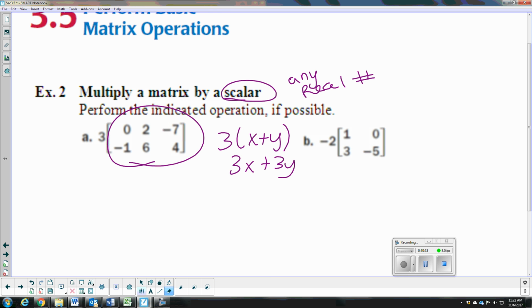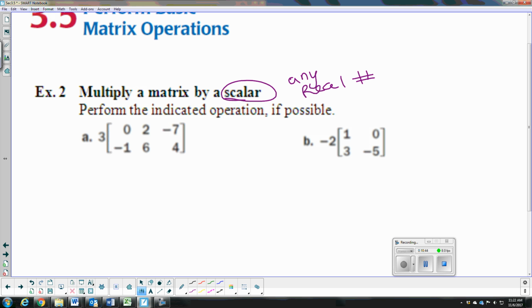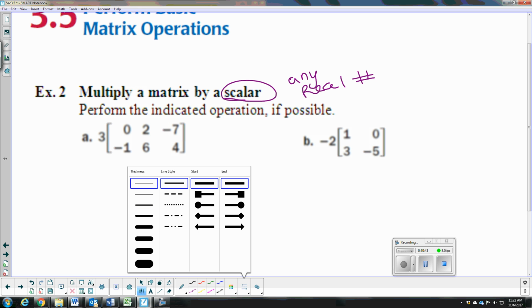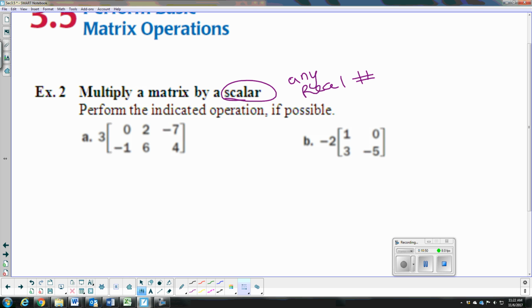If you're multiplying a matrix by a scalar, you're multiplying each element by that scalar. So it doesn't matter what your dimensions are for this matrix, because you're going to multiply each element in the matrix by that scalar. So if you have, like we do here, a 2 by 3 matrix, our product is going to be another 2 by 3 matrix.